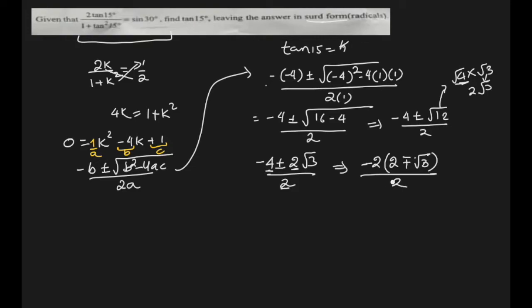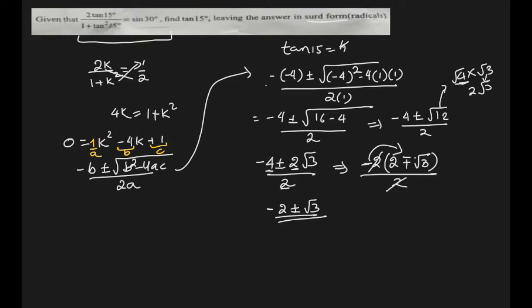Why did I do that? So that this 2 and this 2 get cancelled out. And now only negative is left. So taking that negative common did not help. We'll have to bring it again here, so it will become minus 2 plus minus again square root 3. That is the solution of this one.